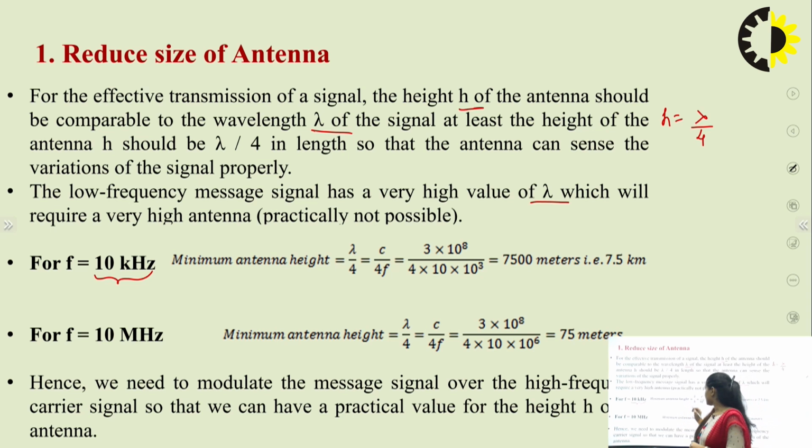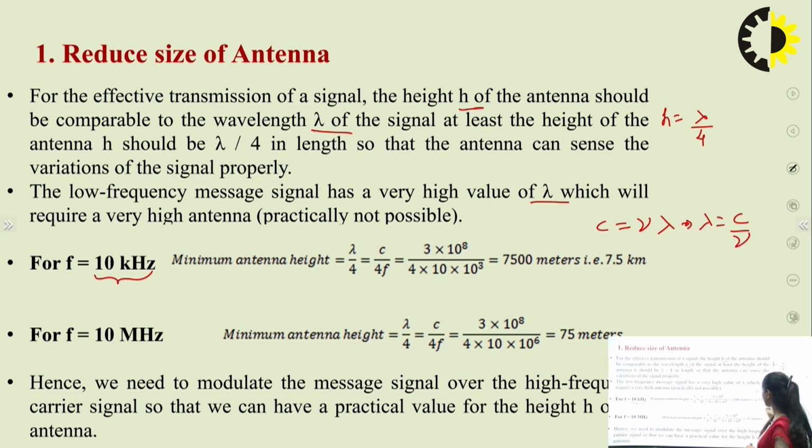Now, as we know that antenna height is calculated by lambda by 4, and we know that c equals f lambda, right? So my velocity for electromagnetic waves, velocity of light, equals frequency multiplied by lambda. So lambda can be replaced by c by f.